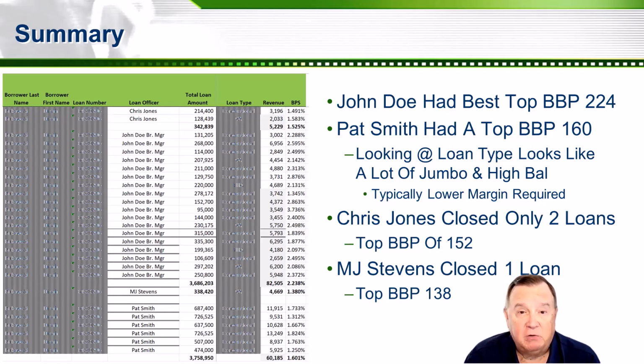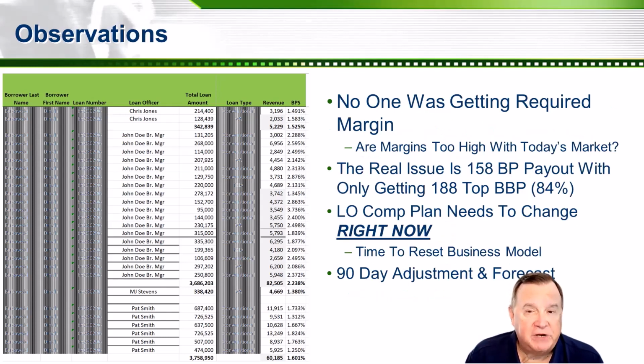Next up was Chris Jones, who only closed $342,839, two loans. Their top business blood pressure was only 152. And then MJ Stevens only closed one loan for $338,420 and had the lowest top business blood pressure of only 138.